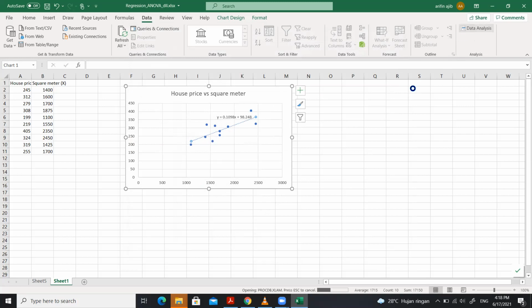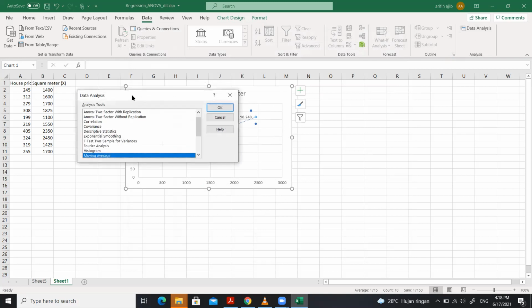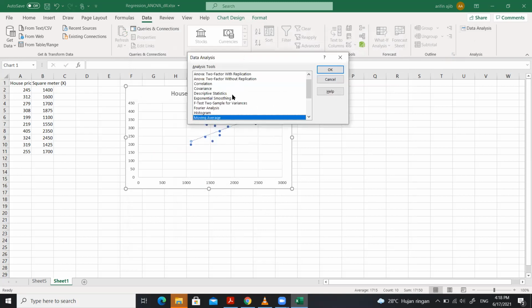You can click this one, and there are many analysis tools, but in this topic, we will use regression.